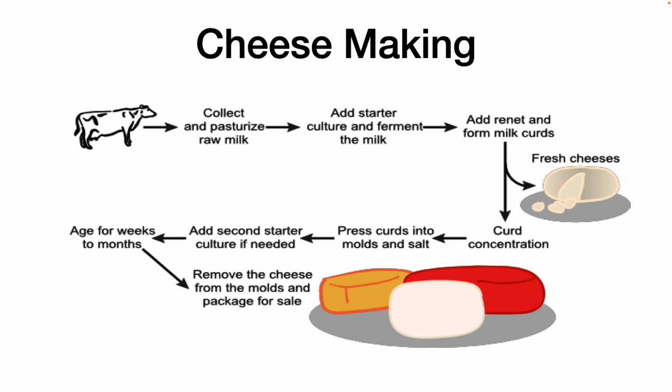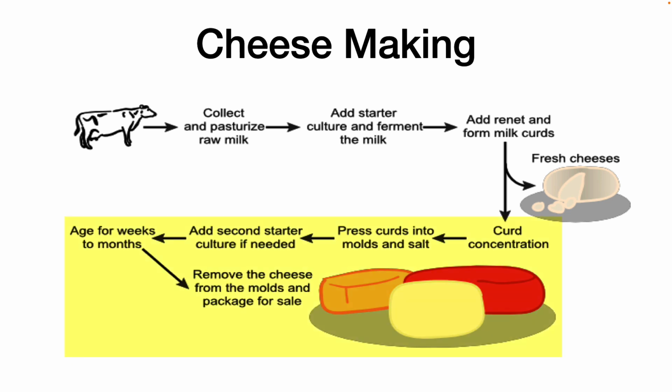An added starter culture then ferments the milk, producing lactic acid and lowering the pH. The addition of rennet, which is mostly proteases, and the low pH causes the milk to curdle, forming curds. For fresh cheeses such as cottage cheese, mozzarella, or feta cheese, that is the end of the process. They are packaged and sold to the consumer.